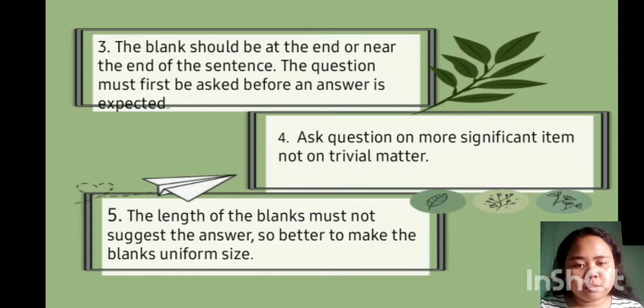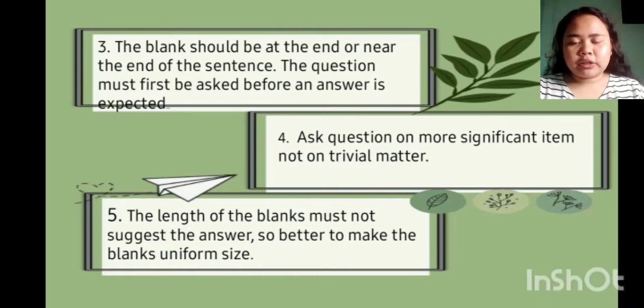From books, modules, and textbooks, in the original structure, the main idea is at the beginning of the sentence, and when making a completion type of test, which is fill in the blanks, the main idea or the answer should be at the end of the sentence or question.